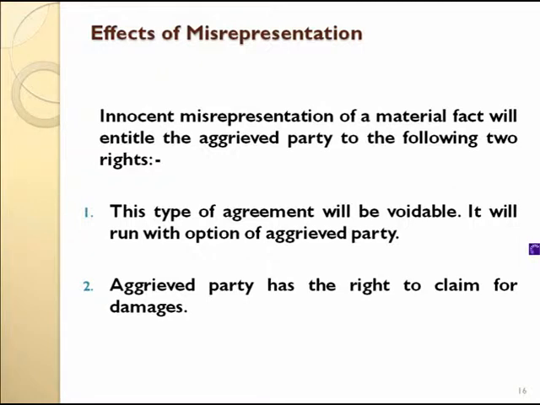If the victim party is willing to execute the deal, then it will be applicable, otherwise it will be known as void. And parallelly, the aggrieved party also has a right to make a claim for damages. So the aggrieved party obtains two things. First, for the execution of the deal he has the right to say yes or no, and secondly he can make a claim against the party who made the misrepresentation, due to which he had given his consent.